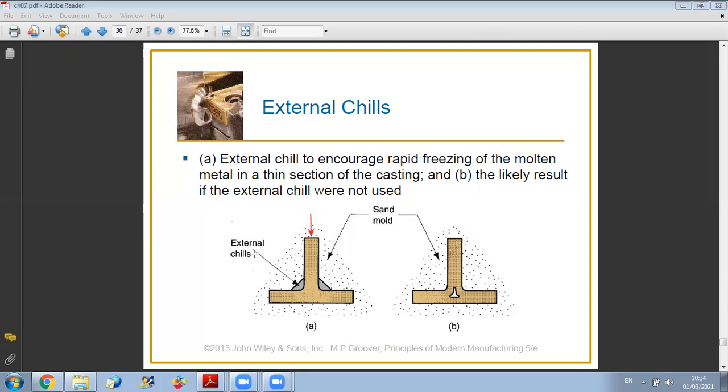The idea of external chills is to put them in regions that are critical in solidification. Because these are far from the riser location, we need to cool them in a fast way. To do that, we put external chills, and the cooling effect will lead to heat transfer from the metal here, near the corner, towards the external chills.